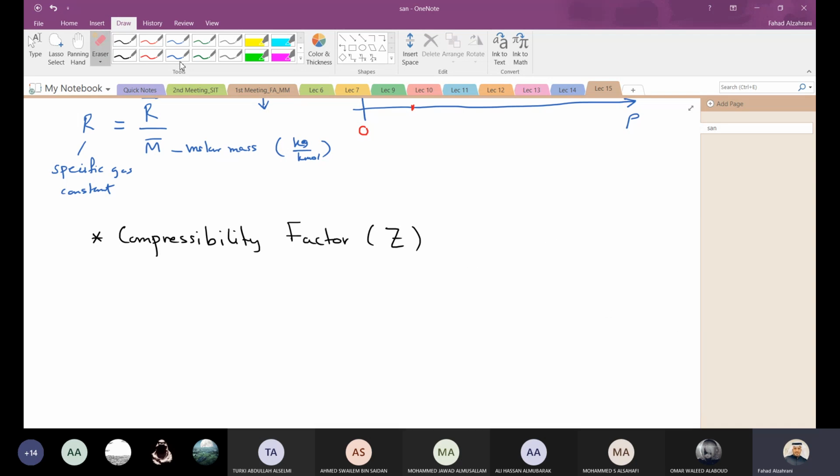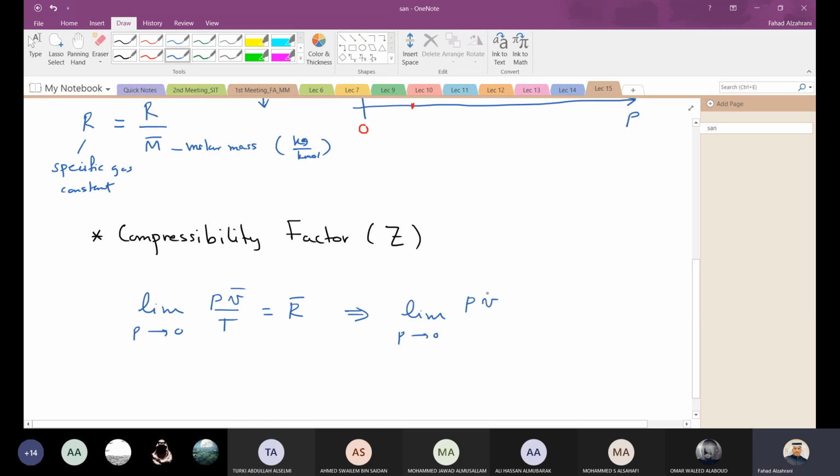If we go back to the limit equation, we said the limit as P goes to 0 of PV over T is equal to R. In this case, if I take R to the other side, it will be the limit as P goes to 0 of PV over R prime T. This equals what?